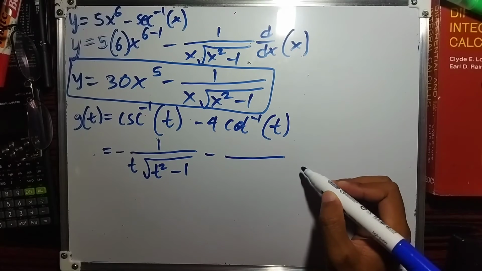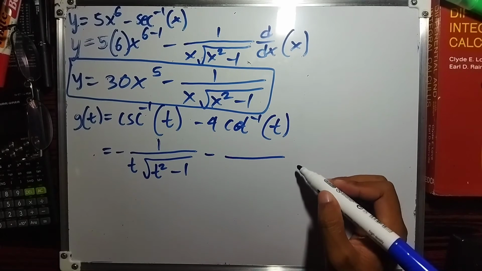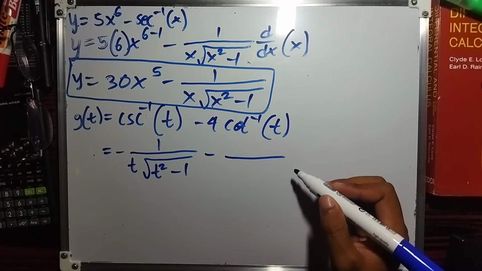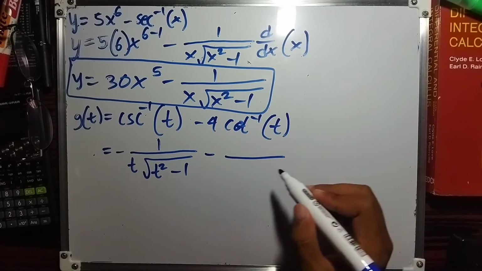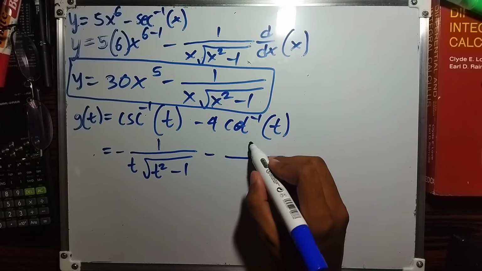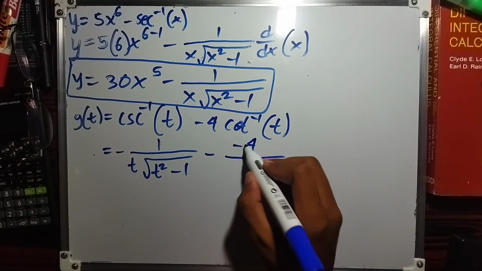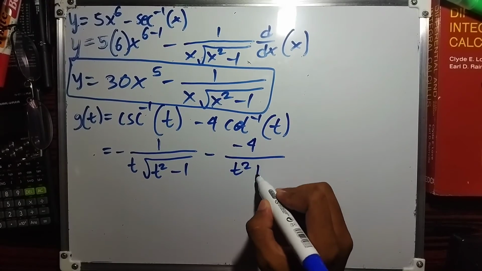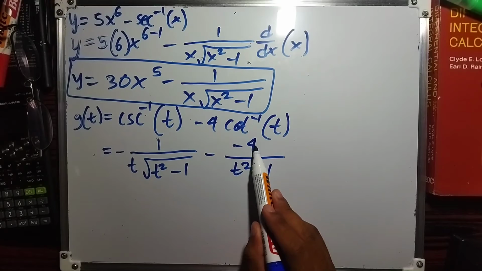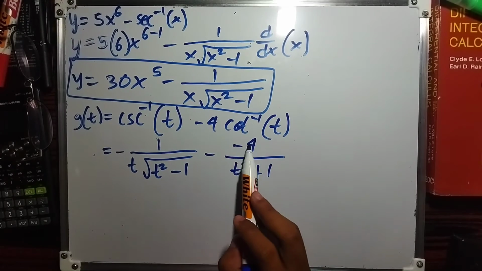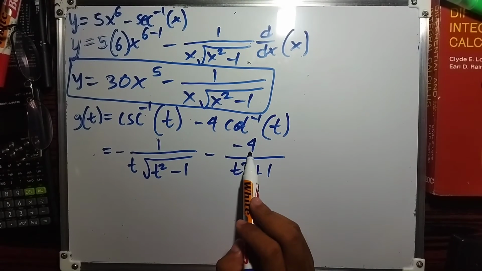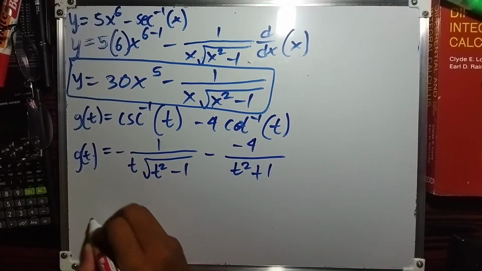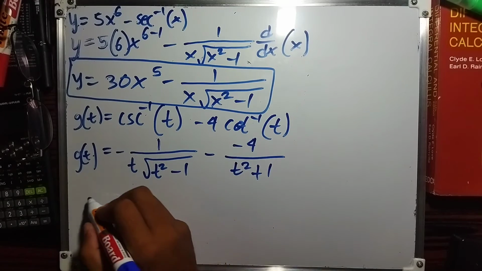And here we'll be transforming the arccotangent to its corresponding derivative with the 4 in it. So it will be negative 4, copy here, minus negative 4 over t squared plus 1. Supposedly it is 1 here, but we have negative 4 here, so 1 times negative 4 is negative 4. That's why we arrive at the negative 4 here. So next is just to simplify this equation.